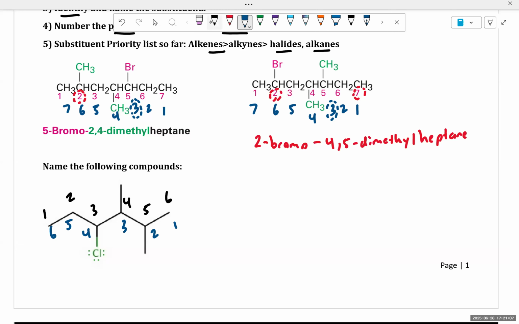The numbering method in blue gives the lowest locant number of 2. So in this case, we have a chlorine at the 4 position and methyl groups at positions 2 and 3. So we'd name this compound as 4-chloro-2,3-dimethyl, and it's a 6-carbon chain, so this would be hexane.